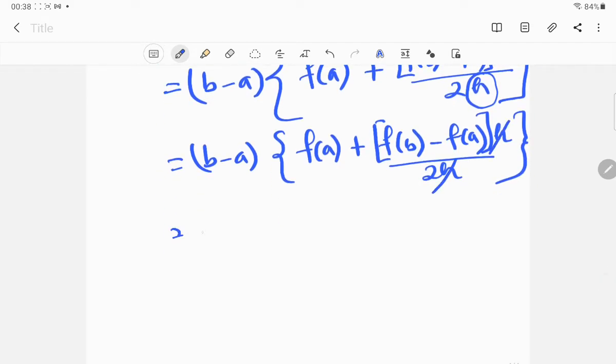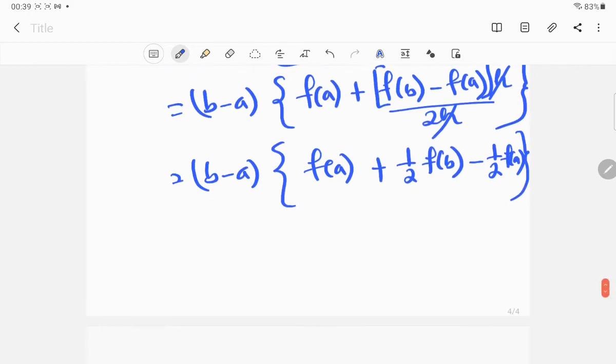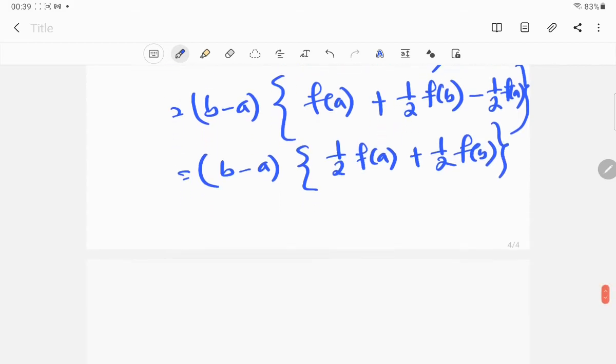h gets cancelled, so (b minus a) f(a) plus half f(b) minus half f(a). So (b minus a), it will be like half f(a) plus half f(b).